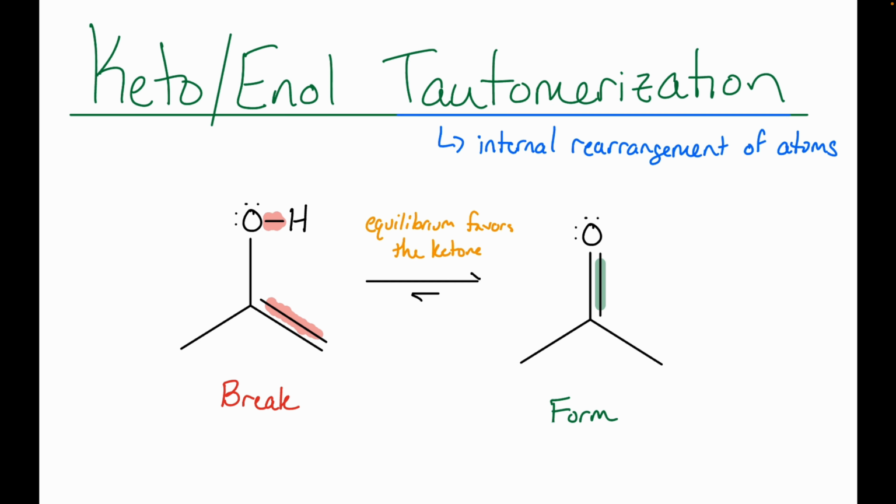If we look here carefully, how many hydrogens are there on this carbon? Just 2. Over here, how many hydrogens are there on this carbon? 3. So that's our extra bond that we're going to have to form in this reaction.